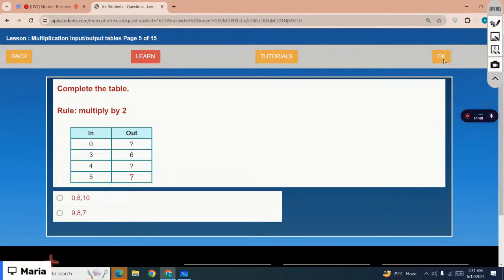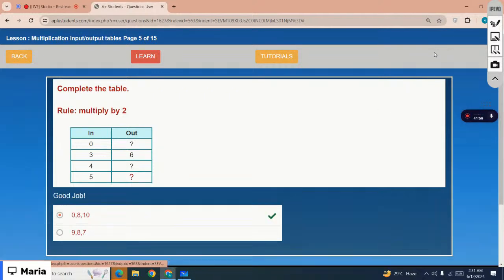The correct option is, yes, that is 0, 8, and 10. Option number 1 is the correct option.